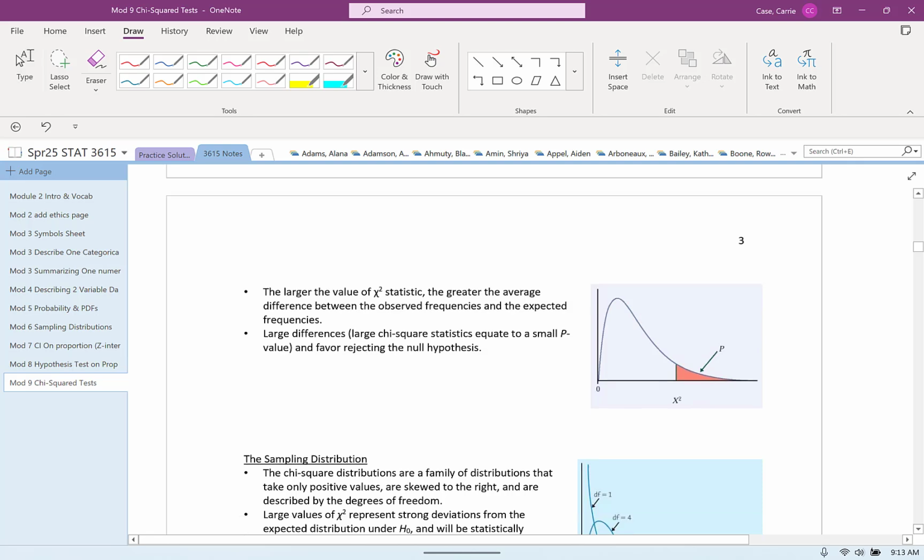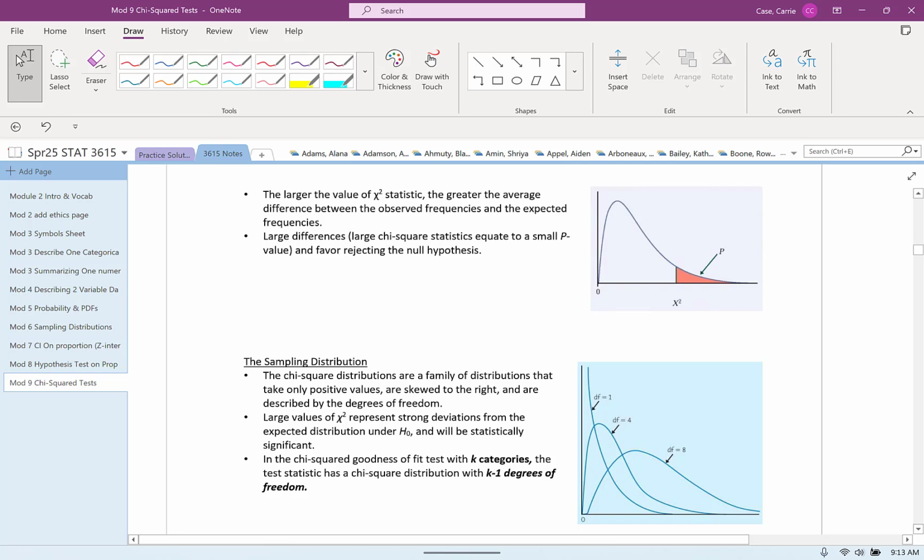The larger the value of our test statistic, the chi-squared test statistic, the greater the average distance between the observed frequencies and the expected frequencies. And large differences or large chi-square statistics equate to small p-values and favor rejecting the null. This distribution over here is a chi-square distribution.